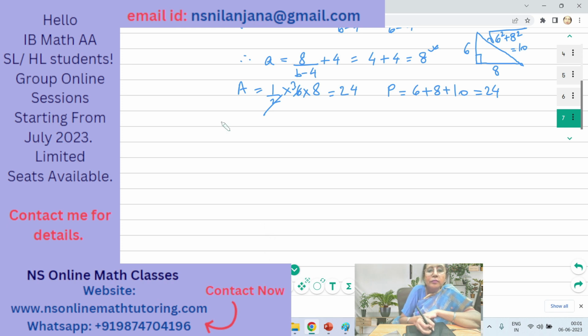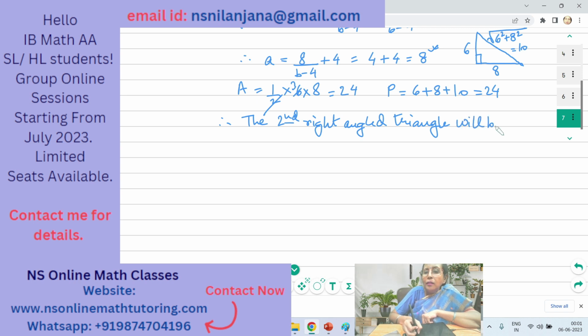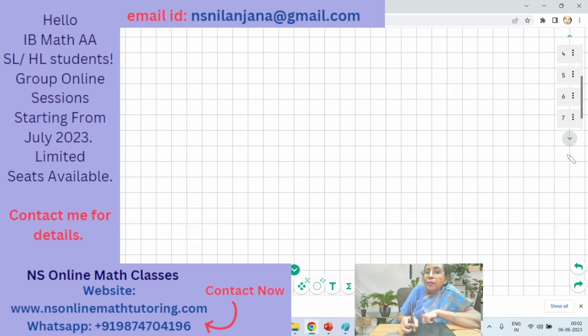Therefore, the second right angle triangle will be having side lengths as 8, 6, and 10 respectively. a is greater than b.